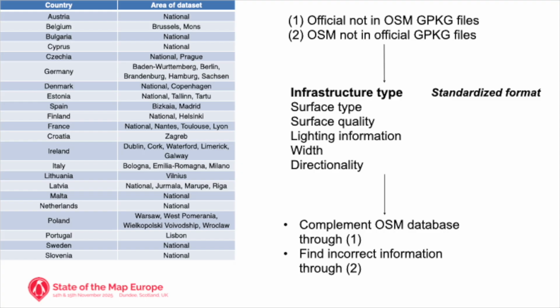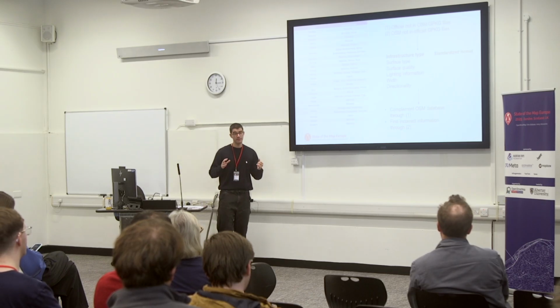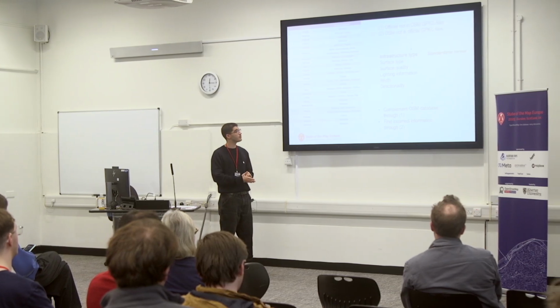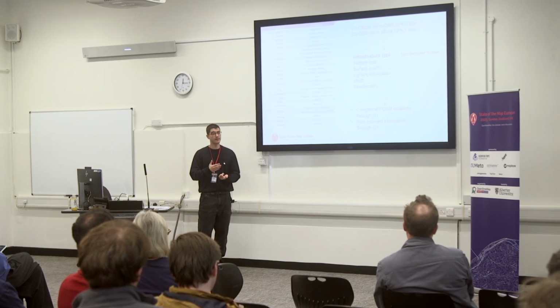Every GPKG file has the infrastructure type in a standardized format with all the different infrastructure types that we described before. And we also have the information, if it was available, especially for the official networks, for the surface type, surface quality, the lighting information, the width, and the directionality.